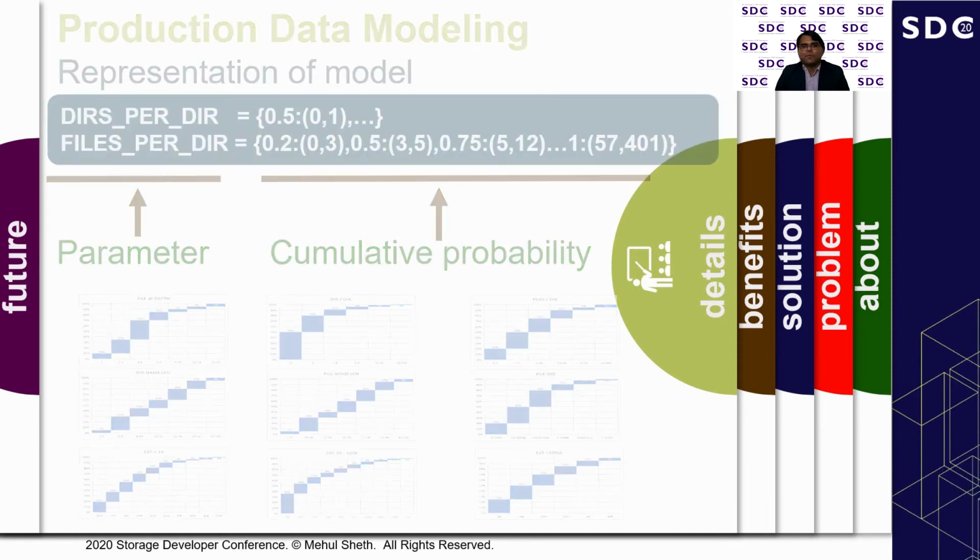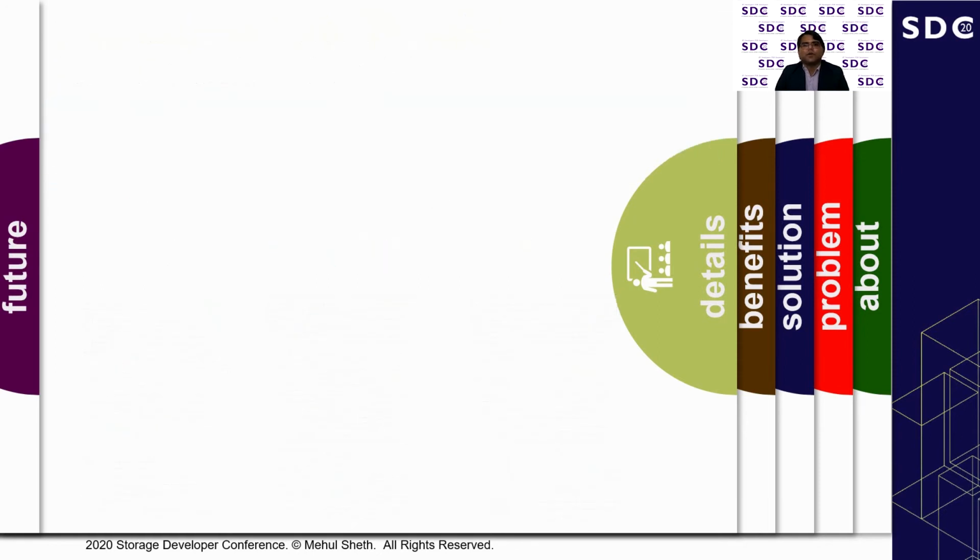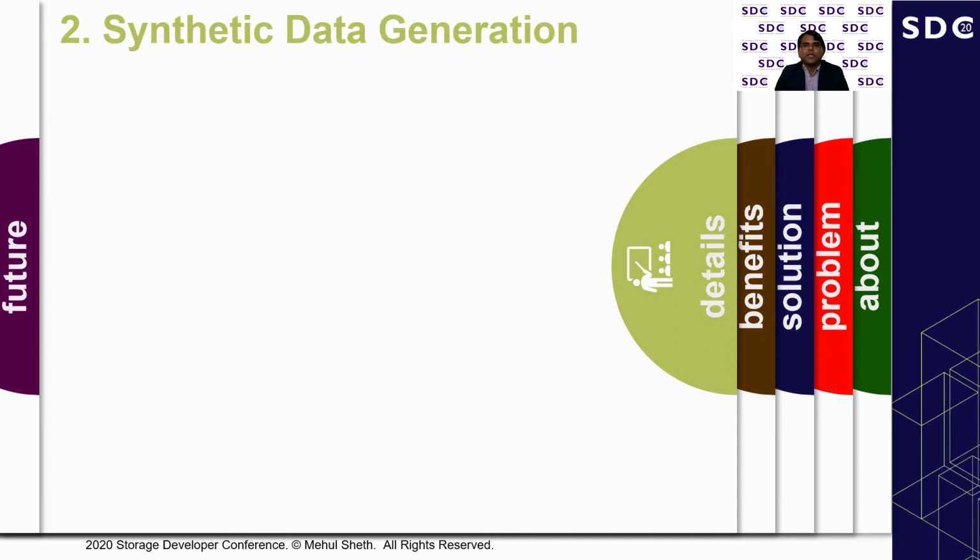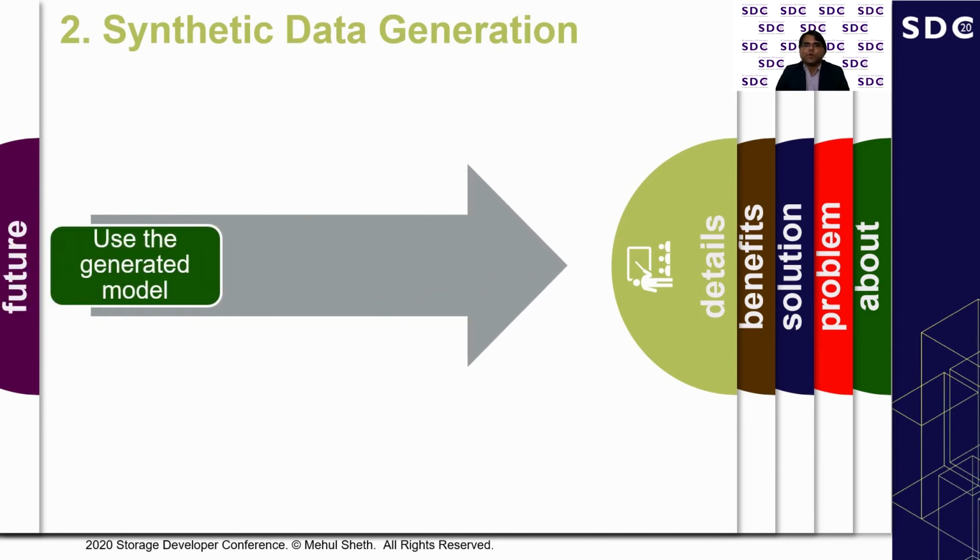Now that we have our model, the second part of the process, the data generation process, can also be broken into 3 steps. Use the generated model in the previous step. Define the size of data. It can be in terms of X times production data or a specific number, say 1 terabyte.